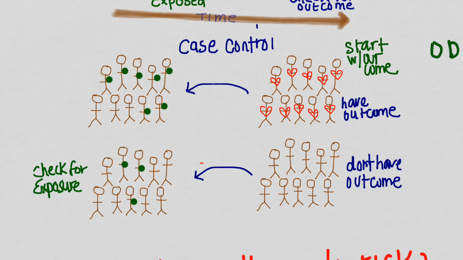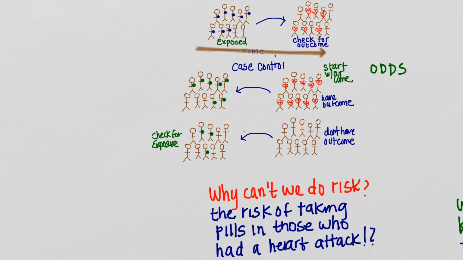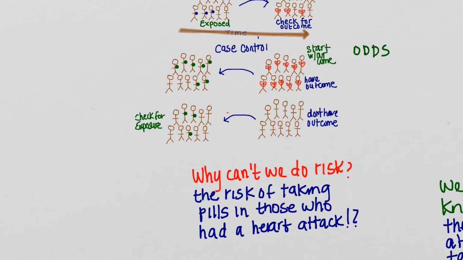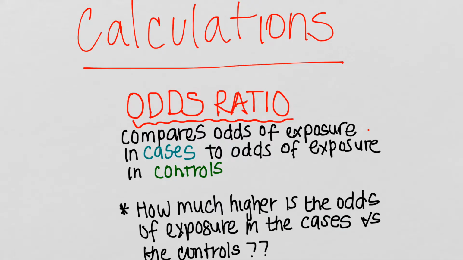This is another measure of association that can be obtained from a case control study. And so in the case that we do truly have a case control study, the odds ratio is used instead of the relative risk. With that being said, let's talk about how we calculate the odds ratio. The odds ratio compares the odds of exposure in the cases, those with the outcome, to those in the control, or those who didn't have the outcome of interest.